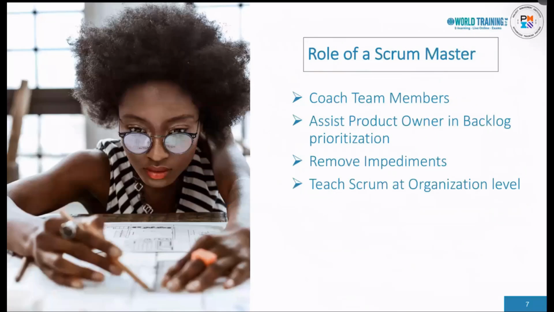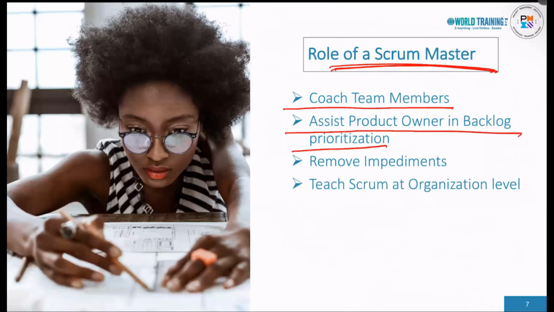Second important role is that of Scrum Master. Scrum Master coaches team members, assists the product owner in backlog prioritization, removes impediments, and teaches Scrum at organization level.